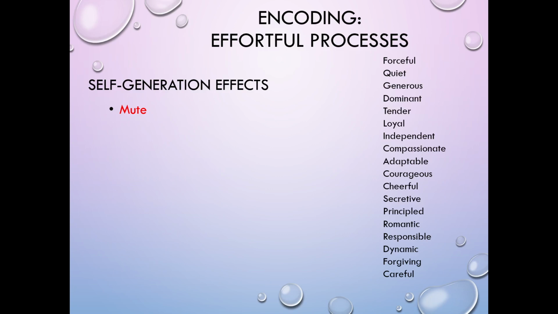Typically what we find is that when a person considers the material to be self-descriptive, they remember those items better than the items that are not self-descriptive, the ones that they had put X's or left blank. So see if that's true for you.